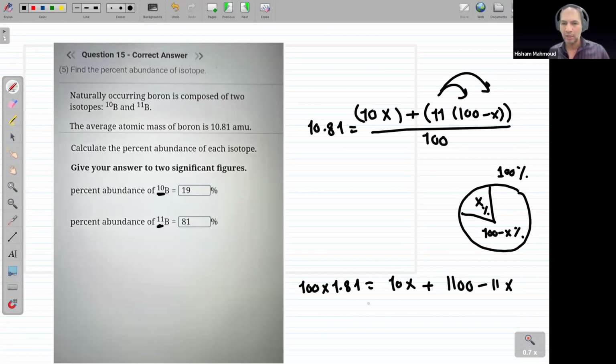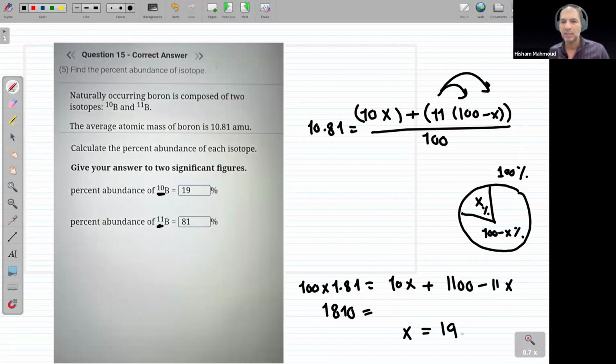So 1081 minus 1100, which is minus 19, equals 10x minus 11x. Because we don't have too much time, I will just go to the answer: x is equal to 19.